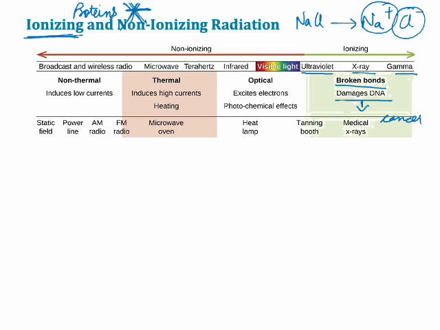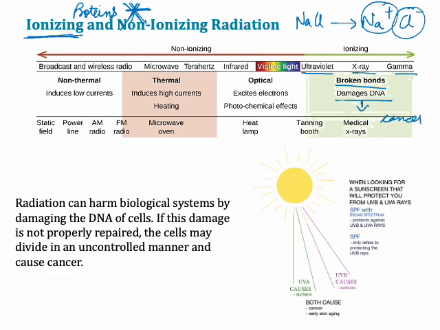So what do we use to prevent our exposure to these radiations? Well, we do not get X-rays whenever we want, right? So X-rays are only recommended whenever it's absolutely necessary. We try and limit our exposure to UV rays.